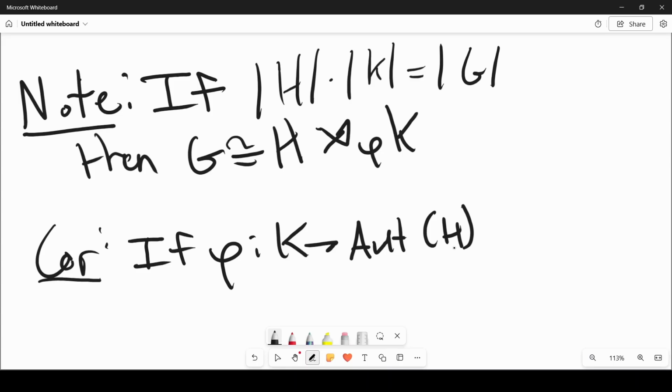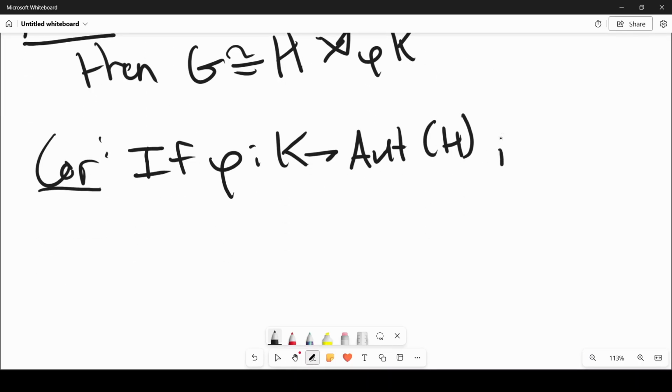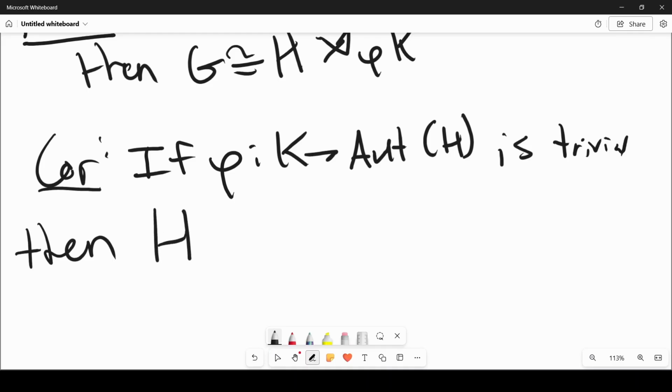When it has some interesting structure, then the semi-direct product becomes interesting. But what happens when φ is trivial? Hopefully you should guess that all the interesting structure that comes with the semi-direct product vanishes and we just get the direct product. And that happens to be correct, it is isomorphic to H cross K.